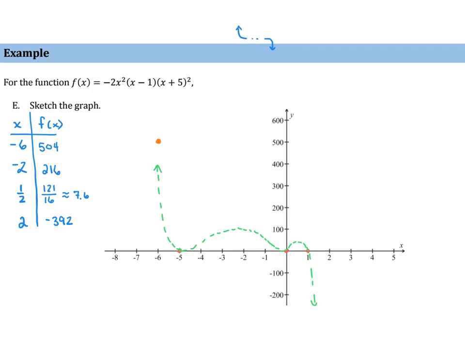And then for 1/2, we have about 7.6. So that's really low. And then for 2, we have negative 392. So let's go through the points now.